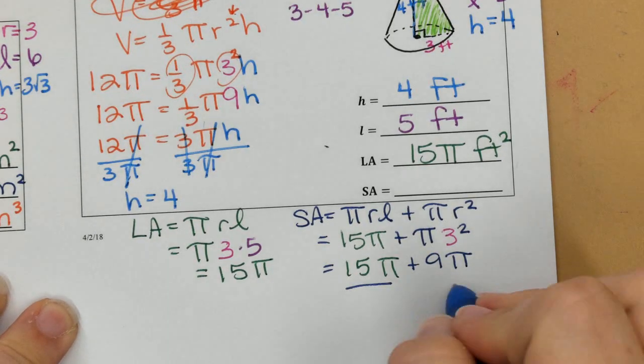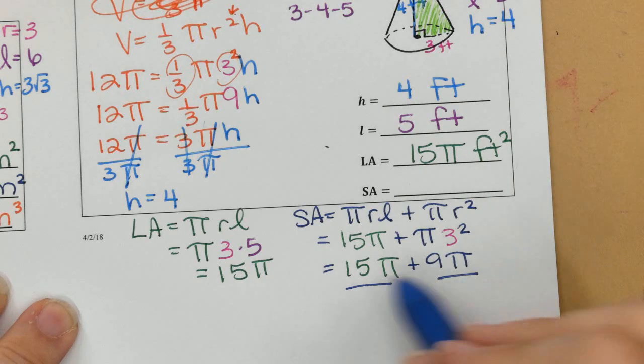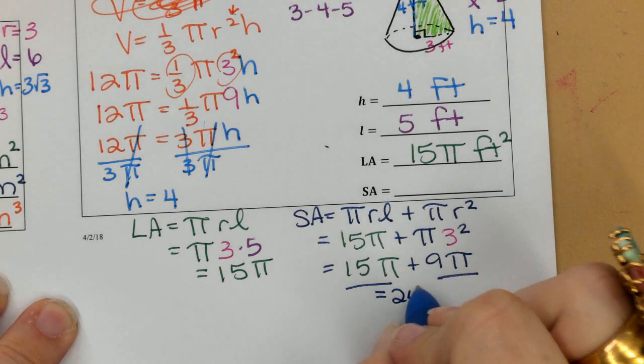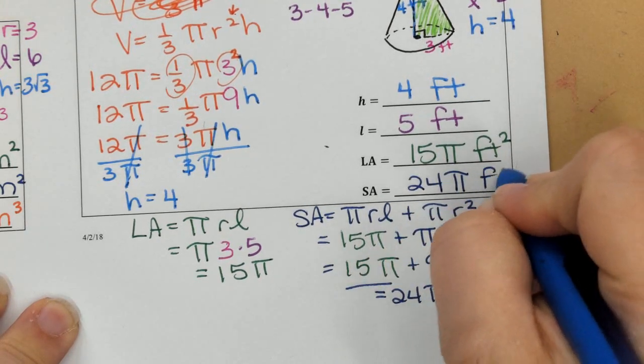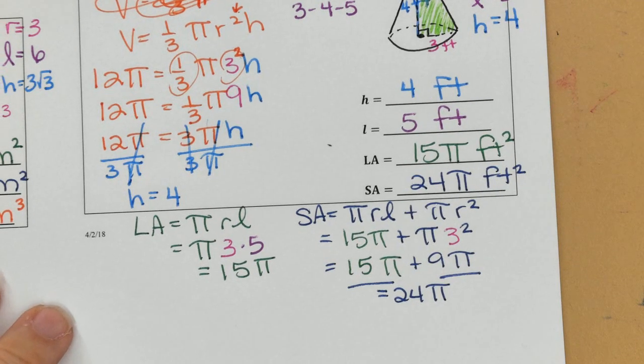And do they both have pi? They do. And does either one have a square root? No, they don't. So I can actually add them together for a sum of 24 pi feet squared.